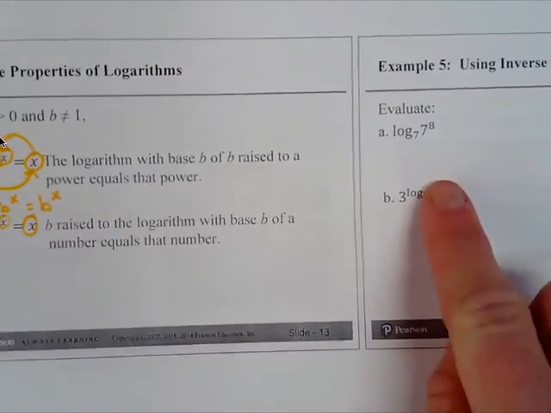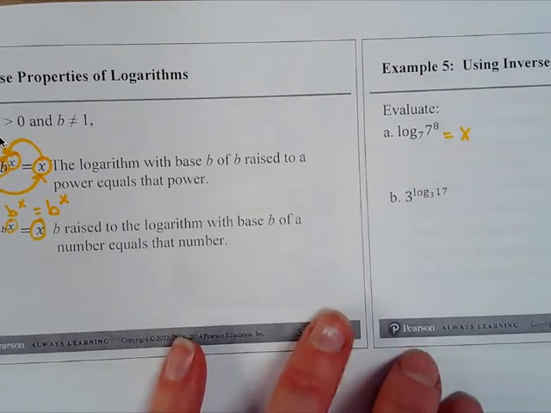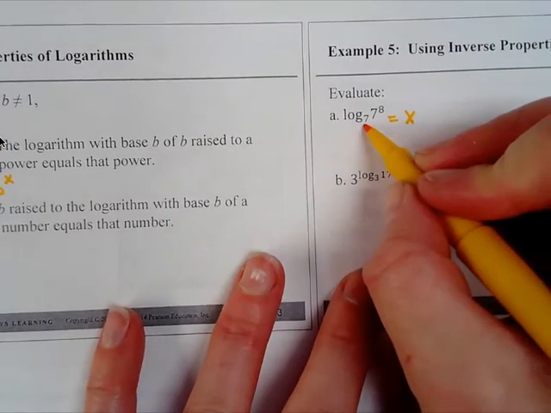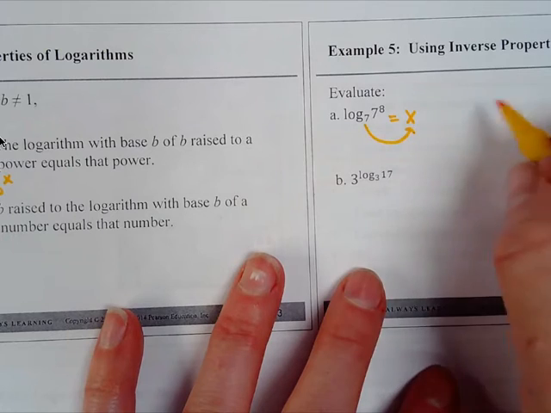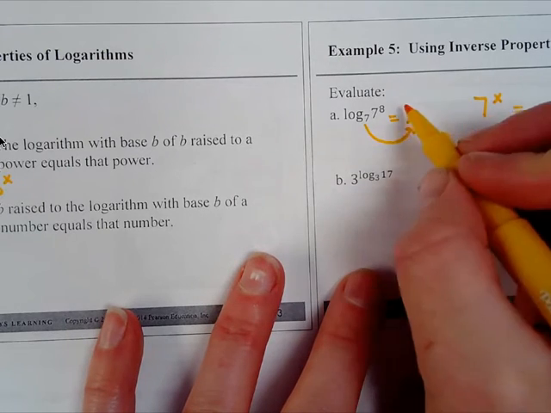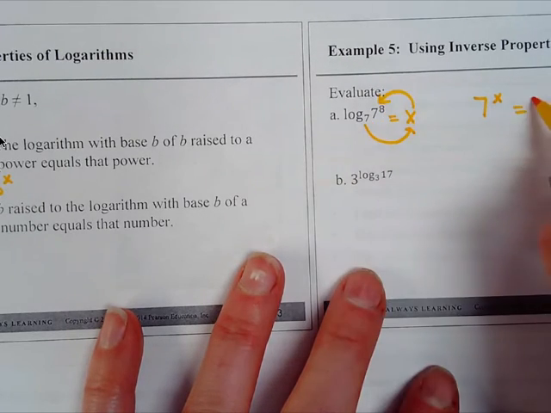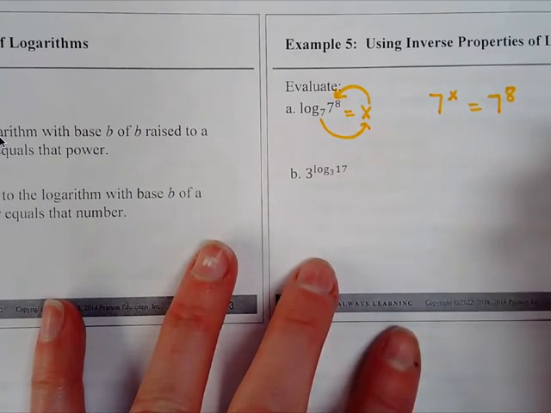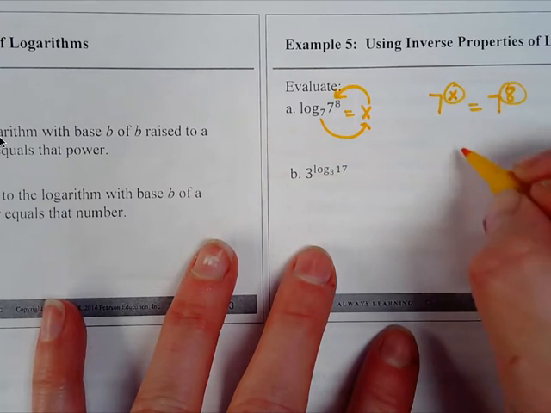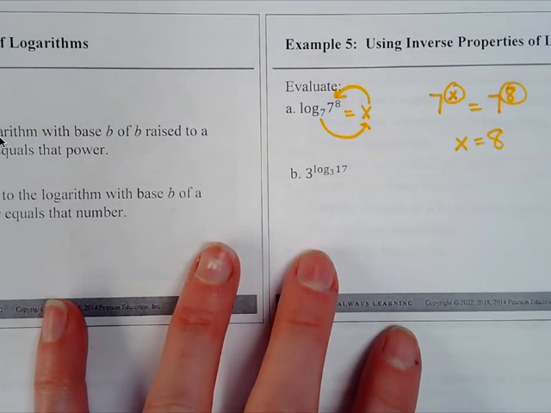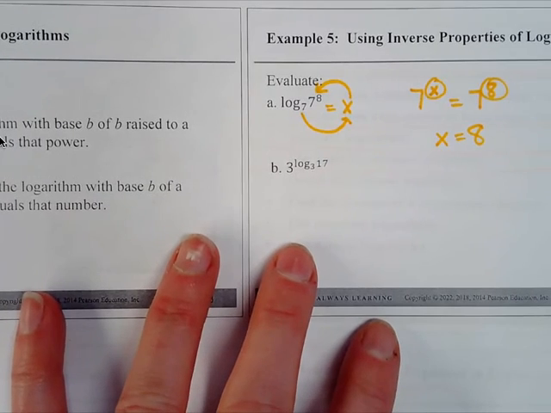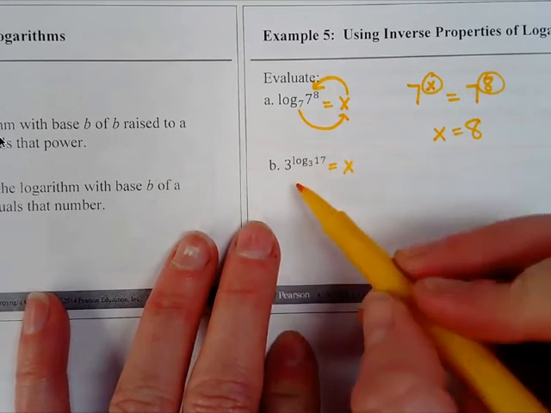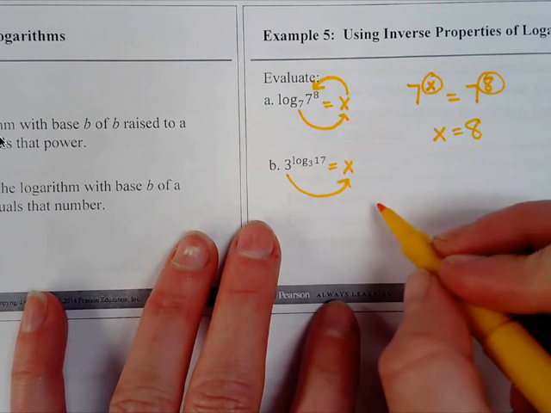So we'll look at these examples. So I'm going to say equals x. So start at the base. So that's 7 to the x power equals 7 to the 8 power. So then 8 has to equal x. Okay, so equals x. We're going to do the base raised to the x.